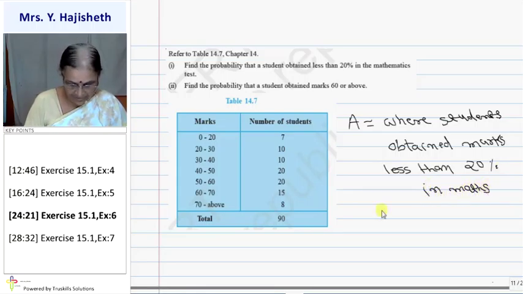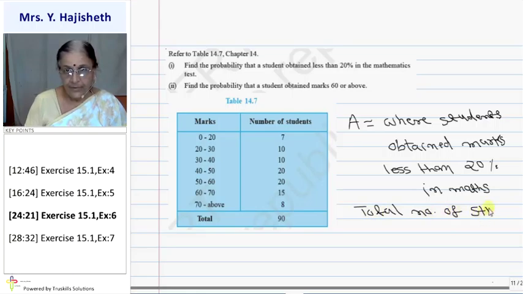So my P(A) will become, total number of students is equal to 90, okay?